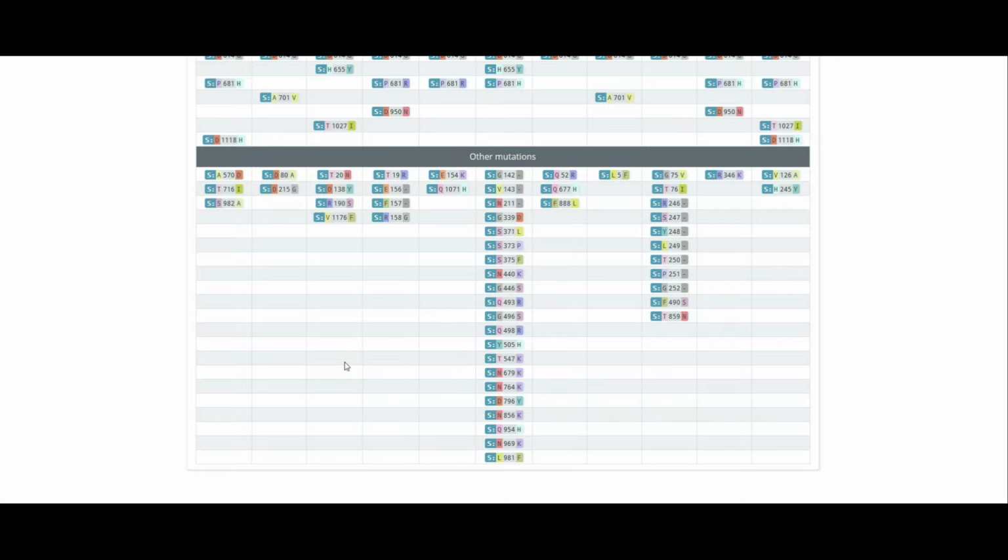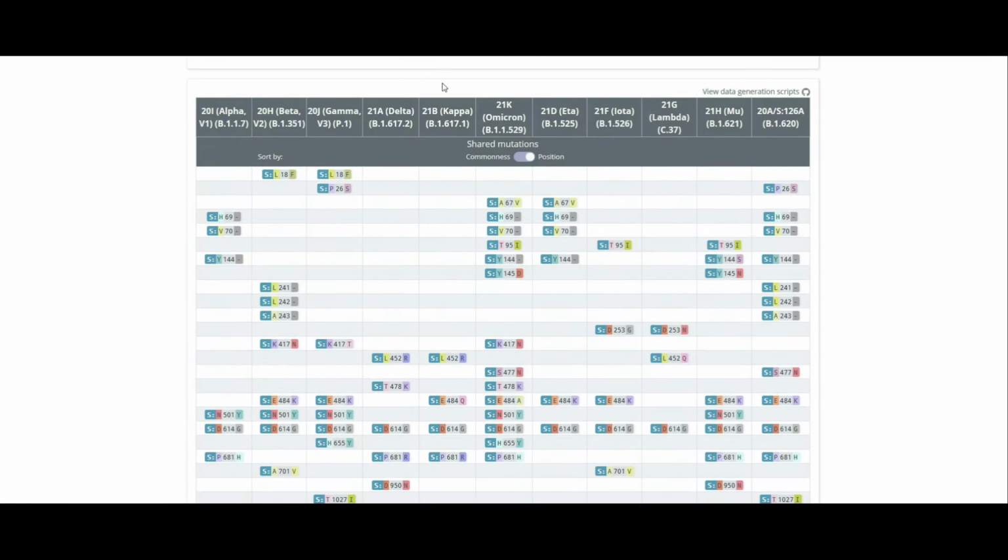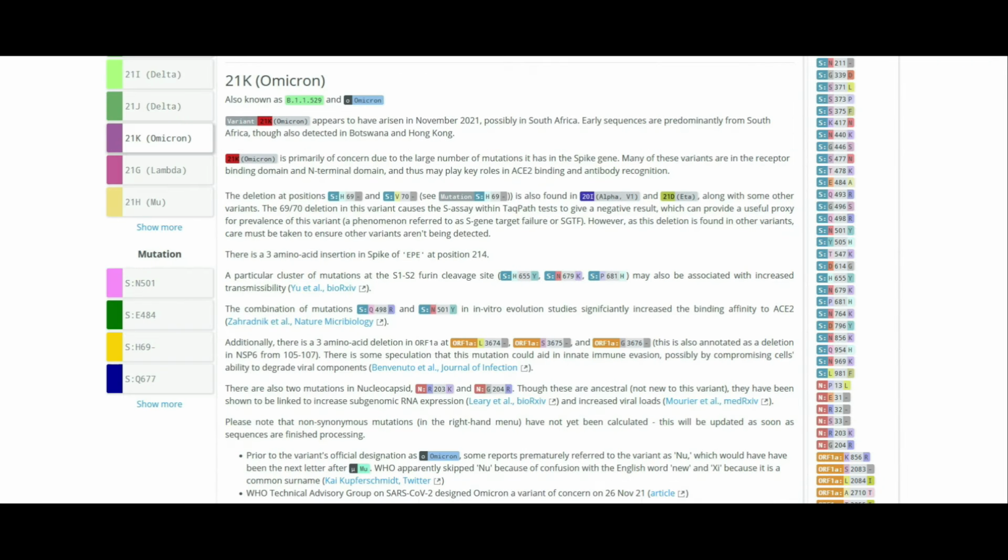Those are the different mutations that show up in the Omicron variant. You can also see the alpha, beta, gamma, the delta variant, kappa, eta, iota, lambda, mu, and so forth.